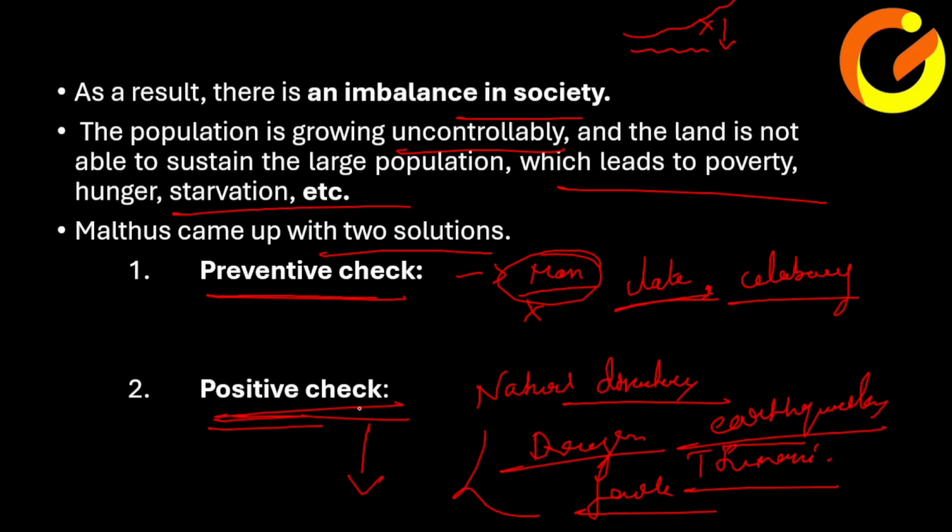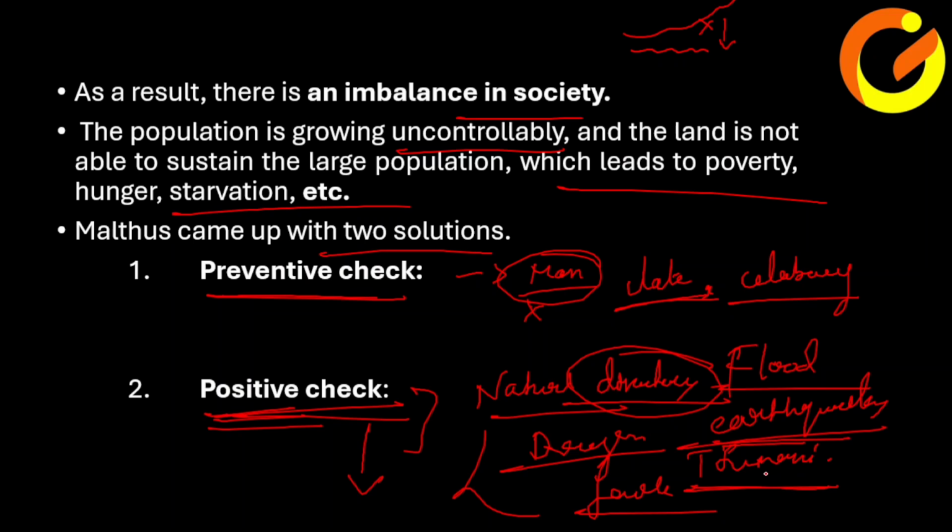These are all called positive checks. But many sociologists questioned the Malthusian view, because these are all negative things. If a huge natural disaster happened, a huge flood happened, people died, how can you call it a positive check, right? If an earthquake happened and many people died, if a tsunami happened, many people washed away, how can you call it a positive check? Many sociologists criticized this term used by Malthus, but Malthus called it a positive check.